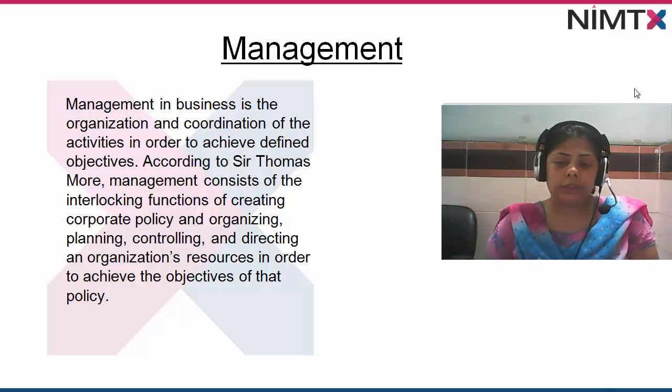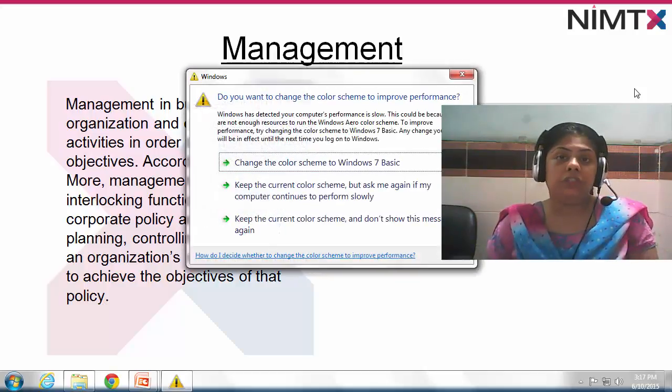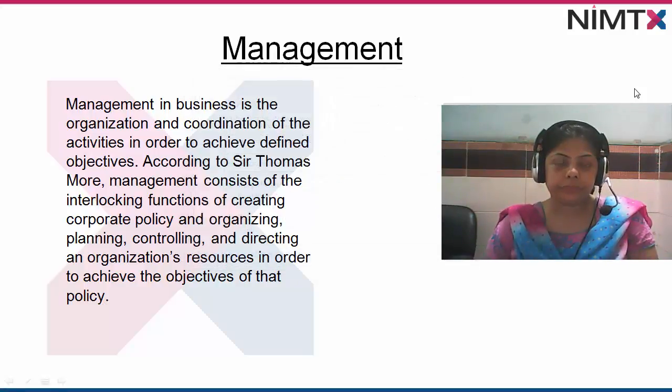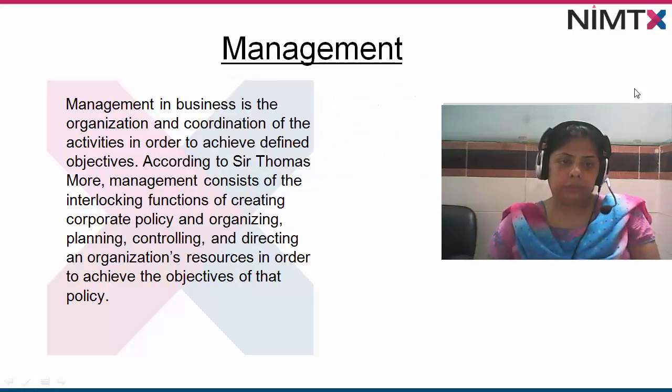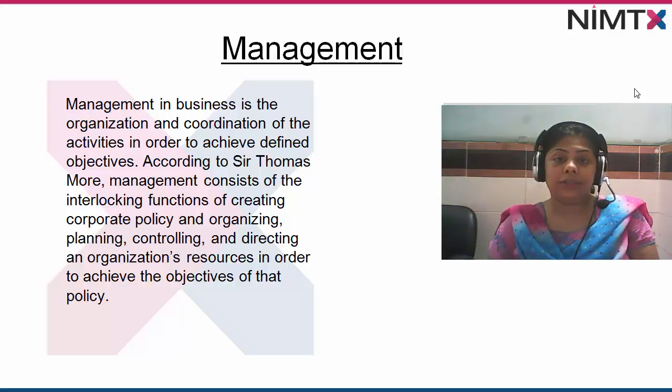What do they coordinate? They coordinate internally with superiors and subordinates to achieve defined objectives. According to Sir Thomas More, management consists of the interlocking functions of creating corporate policy and organizing, planning, controlling, and directing an organization's resources in order to achieve the objectives of that policy.